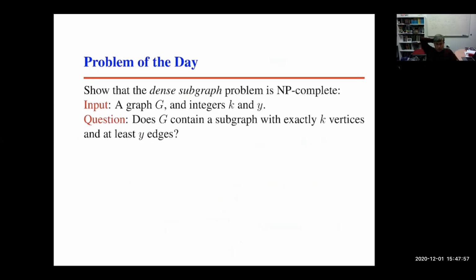I'm given a graph G. I'm given integers K and Y. And I ask, does the graph contain a subgraph of exactly K vertices and at least Y edges? Can I find a chunk of the graph which has K vertices and at least Y edges? This is densest subgraph.